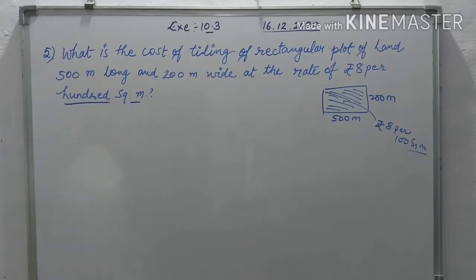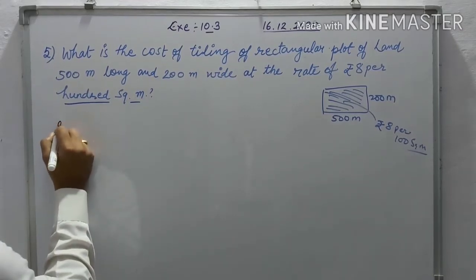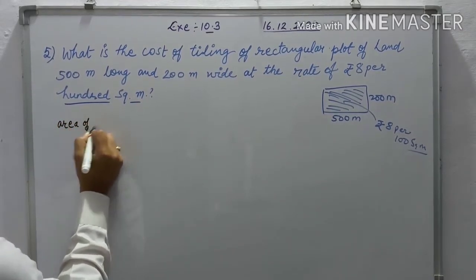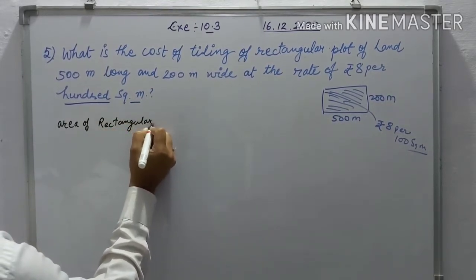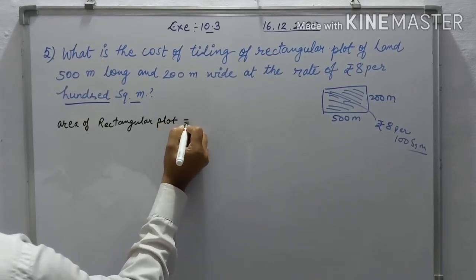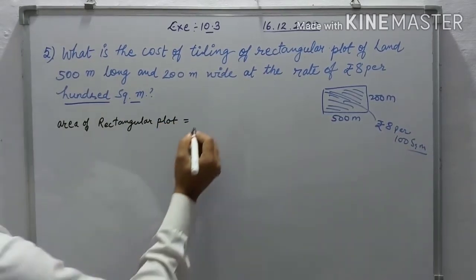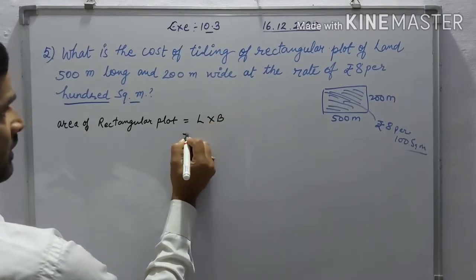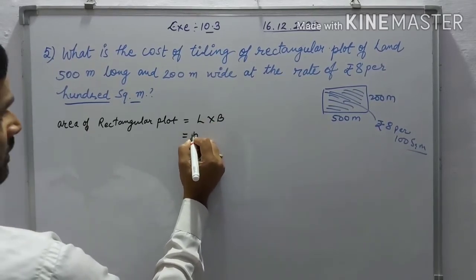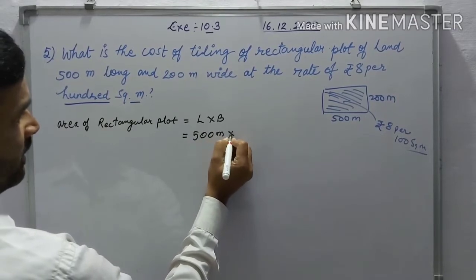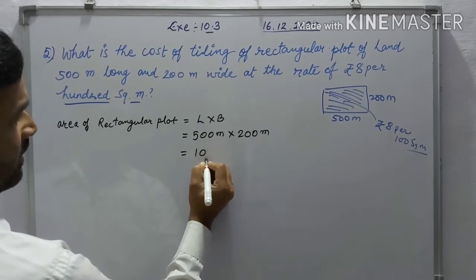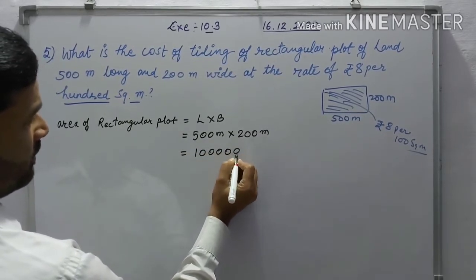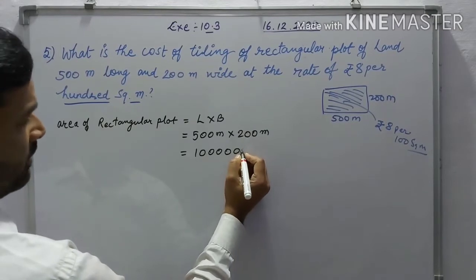It means first you find the area of the rectangle. So you write area of the rectangular plot is equal to, simple, area of the rectangle is length into breadth. The length is 500 meter and 200 meter, multiply is 100,000 square meter.